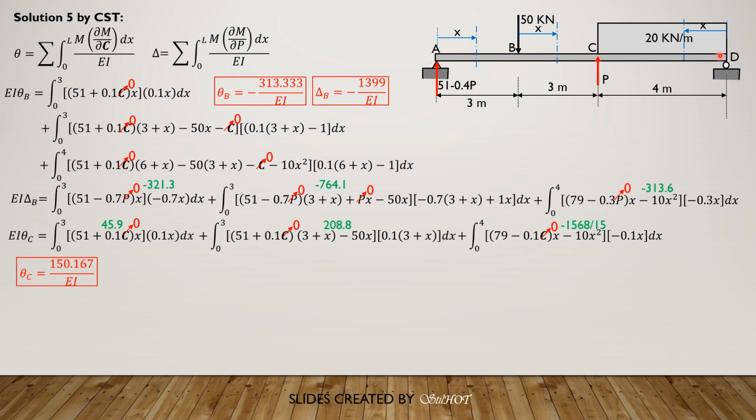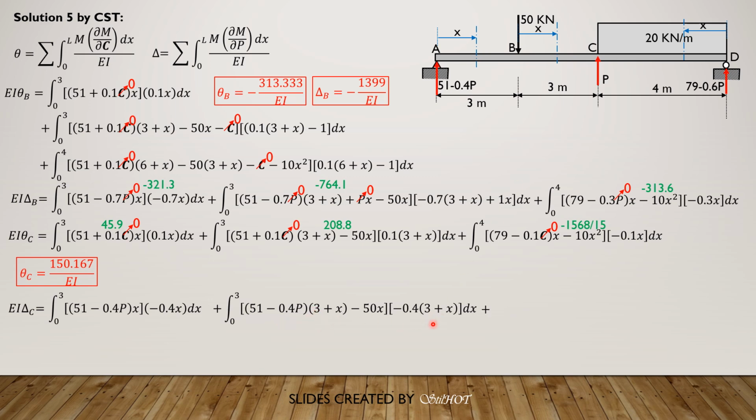So it is P times 4 divided by 10. So you have to subtract 4 over 10 of P, or negative 0.4 P. Reaction at the right is 79 minus 0.6 P. So EI delta B equals integral of quantity 51 minus 0.4 P times x, then derivative negative 0.4 x dx, plus integral of quantity 51 minus 0.4 of P times 3 plus x minus 50x, then the derivative is negative 0.4 of quantity 3 plus x.